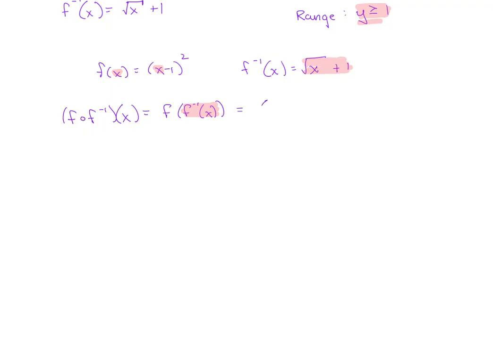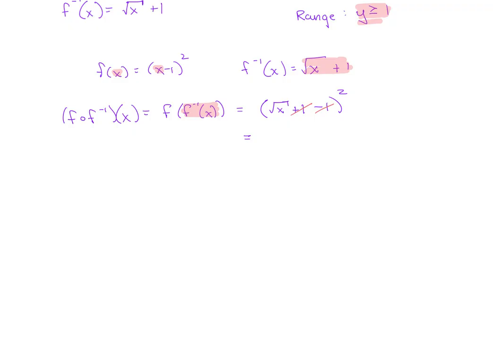All right, so what this becomes is we have our parentheses. We replace x with the square root of x plus 1. We still have our minus 1, and we have our square. All right, we can cancel our 1's.